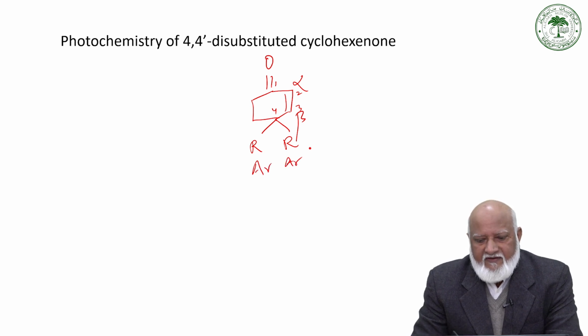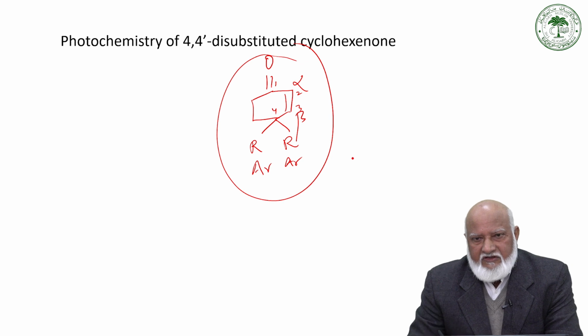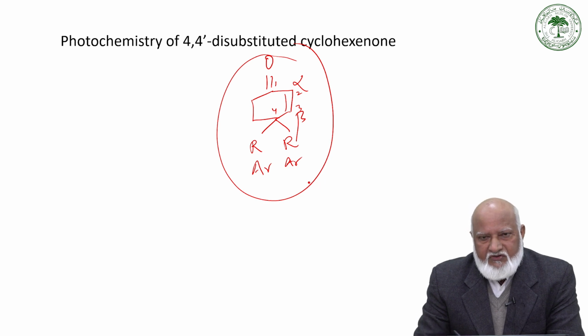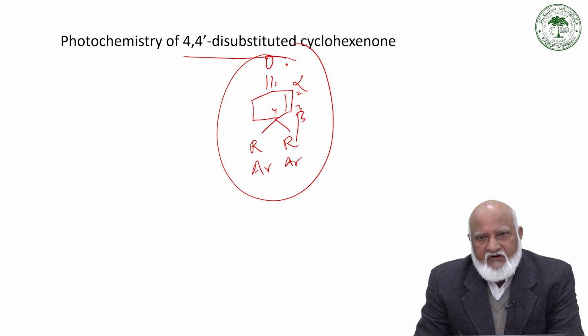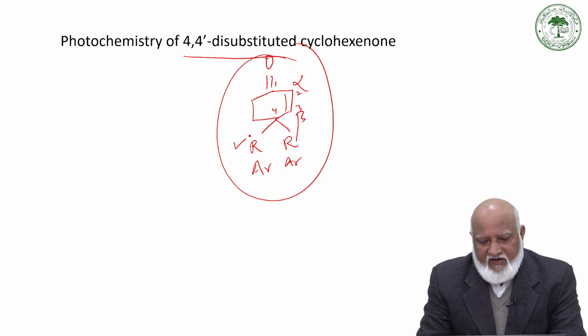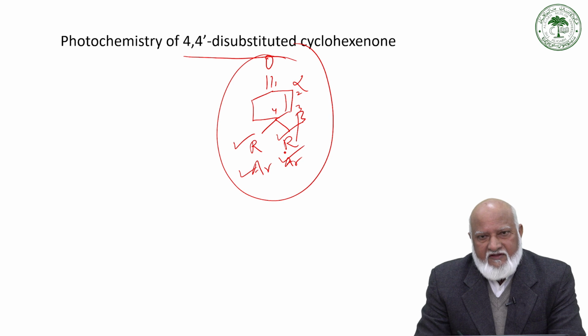So whenever we have a six-membered alpha beta unsaturated cyclohexenone system, and the 4th position is disubstituted, whether 4,4 dialkyl or 4,4 diaryl, which is why it is written here as the photochemistry of 4,4 disubstituted cyclohexenone, it undergoes a very interesting photochemistry.